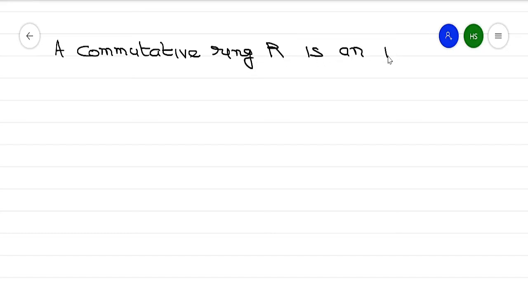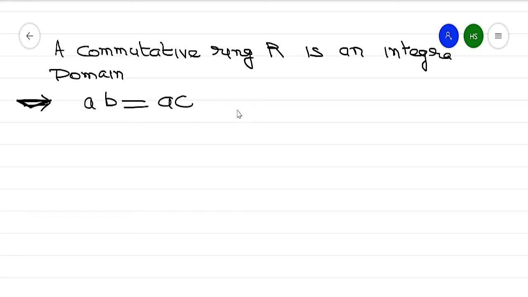A commutative ring R is an integral domain if and only if it satisfies the following property: ab equal to ac implies b is equal to c, for every a, b, c belonging to R. So this is our next result.